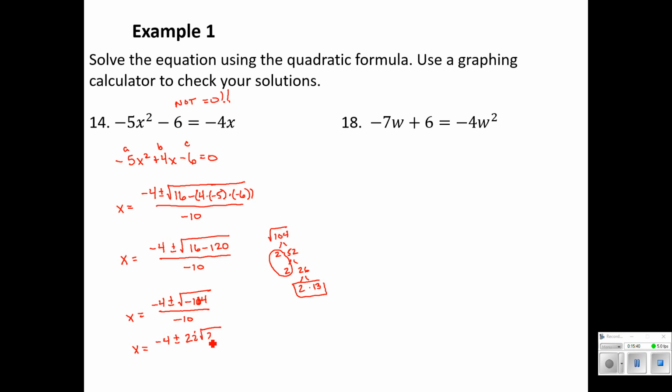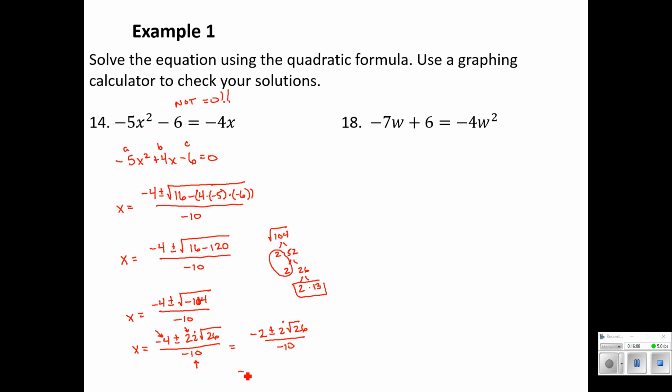2i root 26 all over negative 10. And we notice that all of these are divisible by 2. So we've got negative 2 plus or minus i root 26 all over negative 10. And since we've got a negative 2 and a negative 10, we can actually multiply top and bottom by negative 1, just so we end up with a positive denominator.